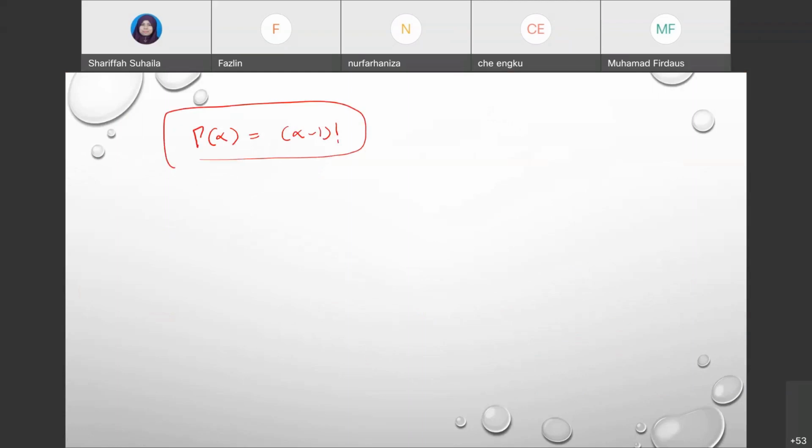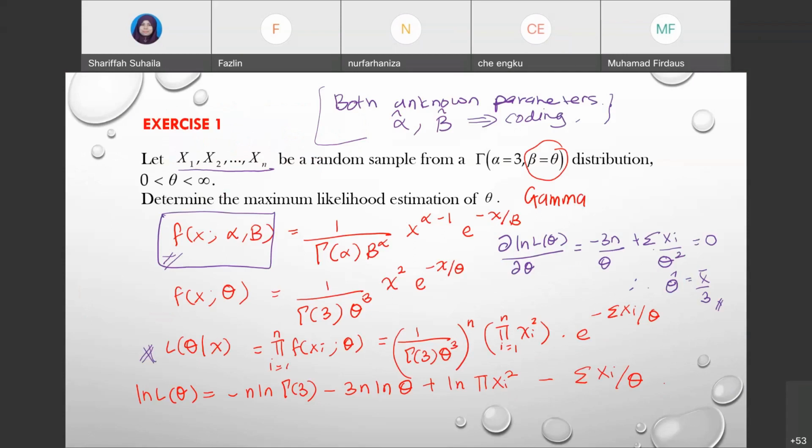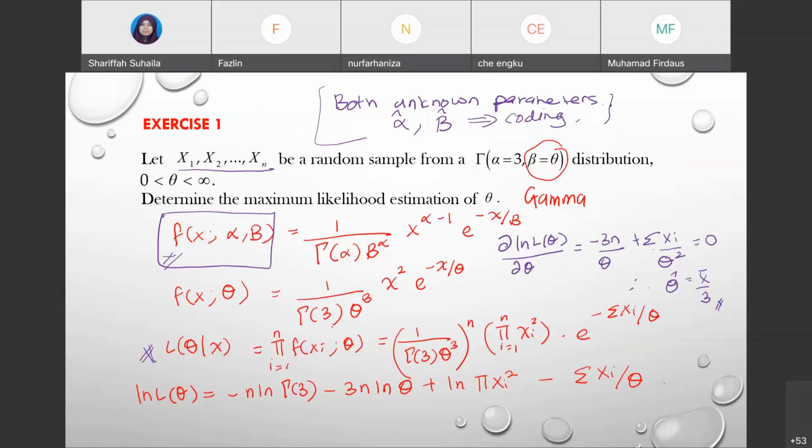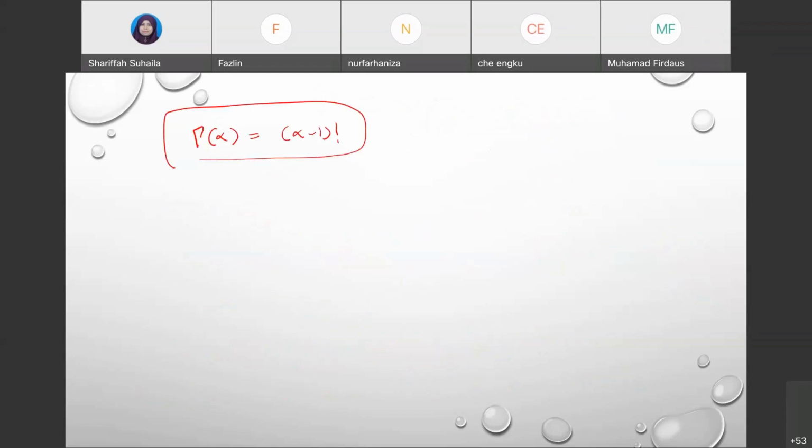Sebab kalau let's say katakan gamma 3 macam ni, kalau ada density function lah Gamma 3 ni, instead of kamu pakai gamma 3, kamu boleh tukar juga kepada bentuk factorial. So dia akan jadi 3 minus 1 factorial. So tinggal 2 factorial lah. So maksudnya kita akan tulis 1 over 2 je. Benda tu pun you need to know lah apa dia punya density function, apa maksud gamma alpha ni. Okay. So ini memang tak ada dalam nota saya, cuma ini extra work for you lah.